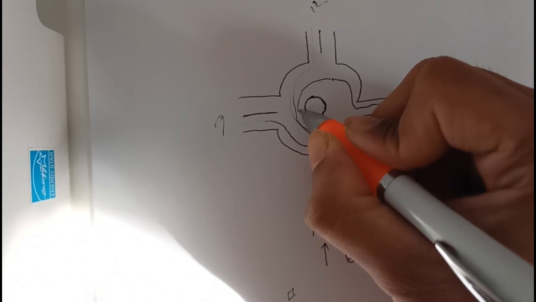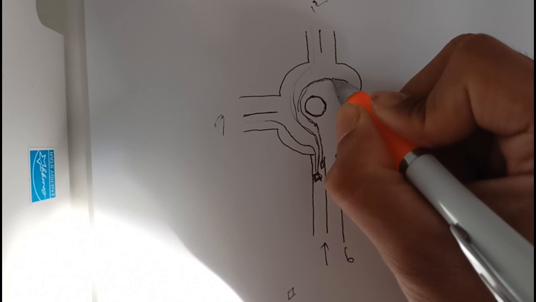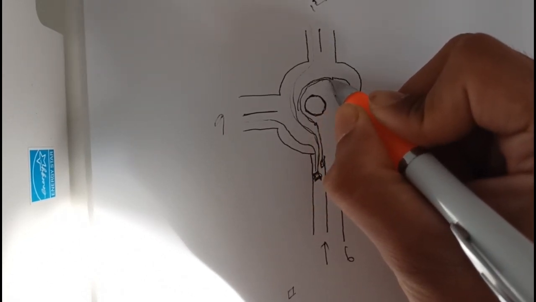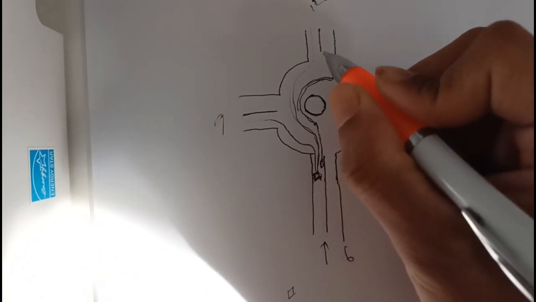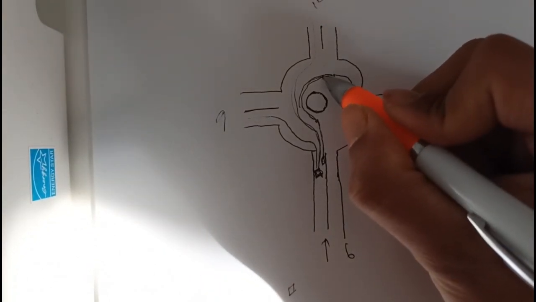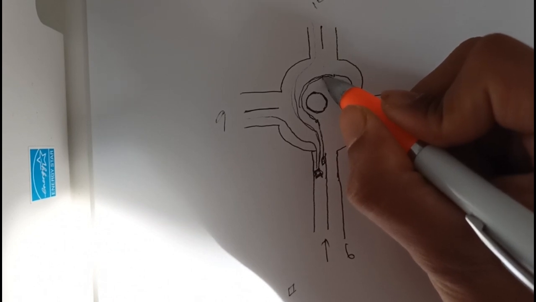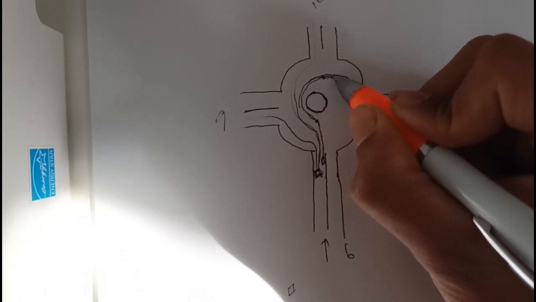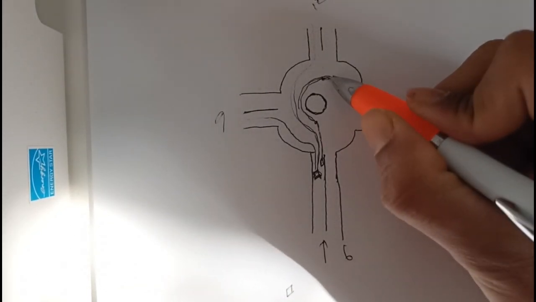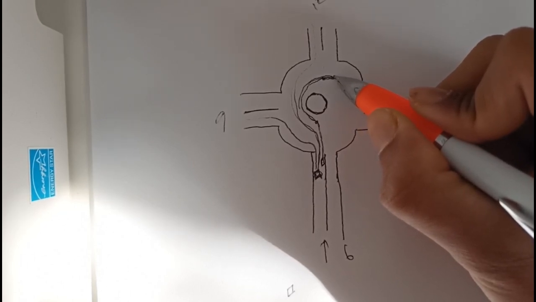So just go ahead and keep your indicator right, and just after passing the second exit, keep your indicator left and keep turning your vehicle to the left side of the roundabout, like this way, keeping your indicator left.